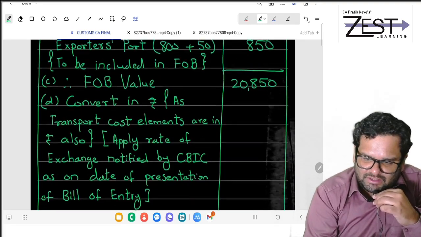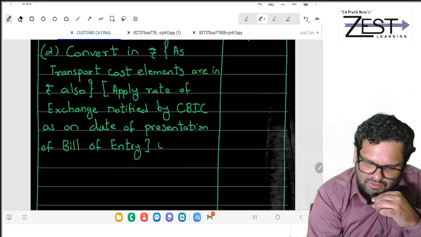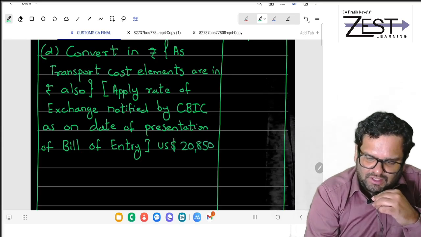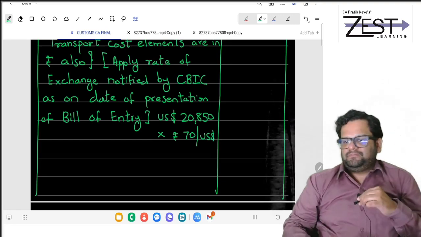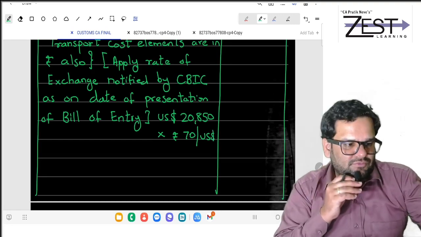Clear? So that is US dollars 20,850 multiplied by rupees 70 per US dollar. Check, tell me what is the figure?